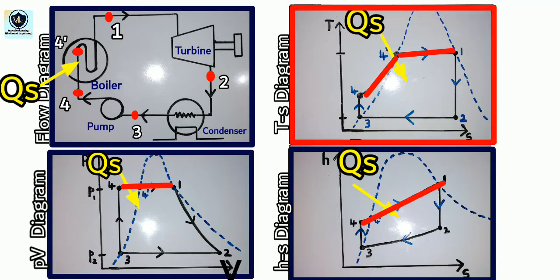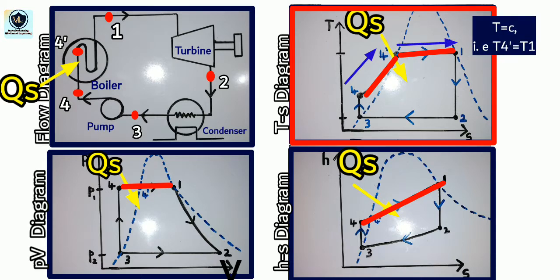Coming to the TS diagram, temperature rises from T4 to T4'. Here T4' is the saturation temperature. Till the water reaches saturation temperature, only temperature of water rises. After T4', evaporation takes place so that temperature remains constant, that is T4' equals T1, and entropy rises from S4 to S1.